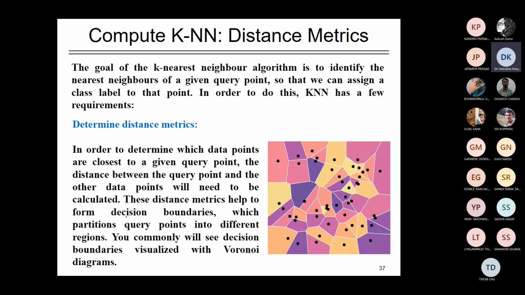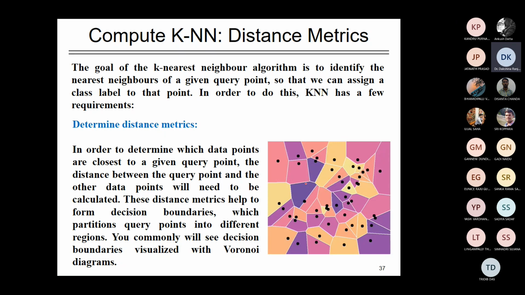We can commonly see the decision boundaries visualized with a Voronoi diagram. In this Voronoi diagram, we can see the different query points being partitioned, and these partitions are done using decision boundaries.